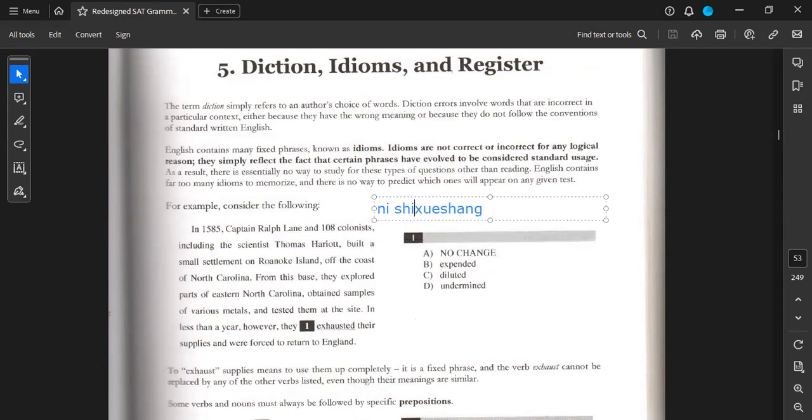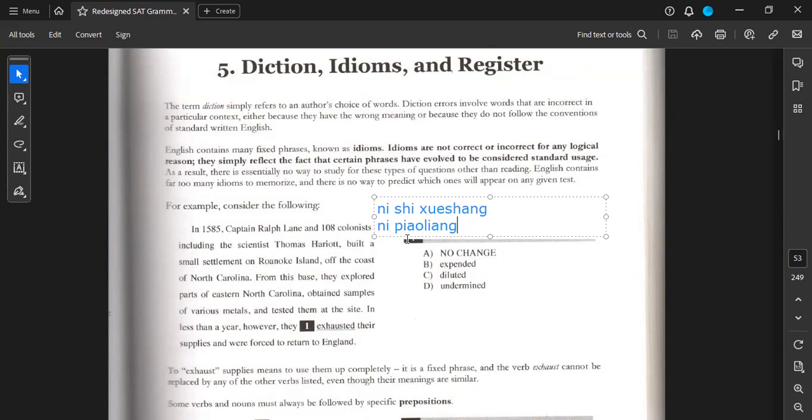But the interesting part is, for whatever reason, if you want to say you are pretty or you are beautiful, you say something like this. I know these are not Mandarin characters, I'm just trying to spell them out.